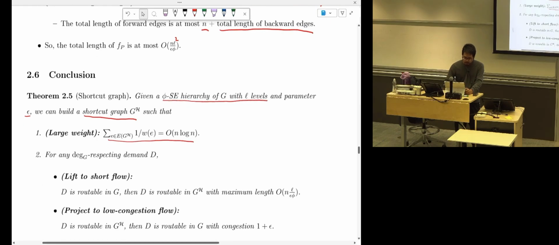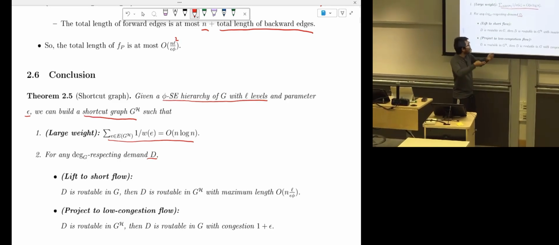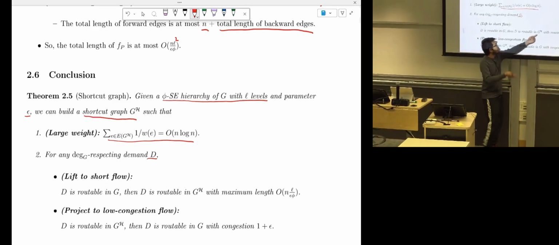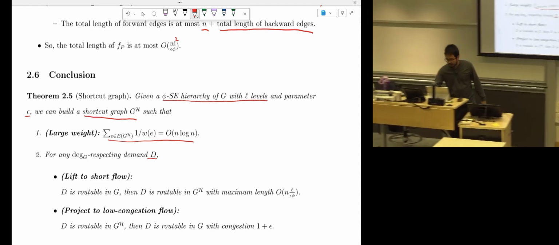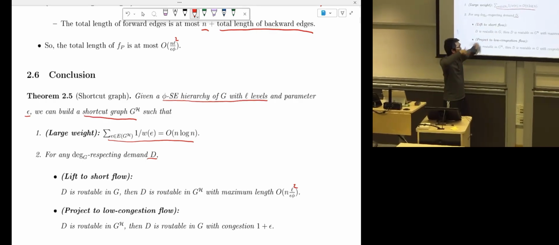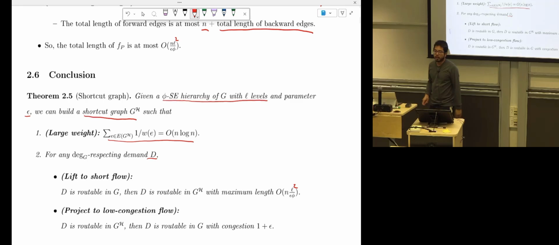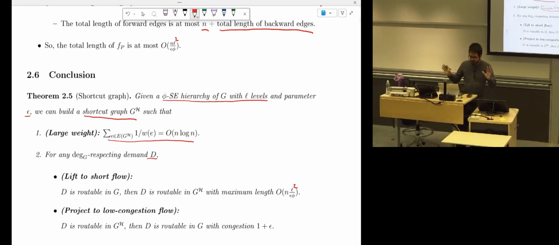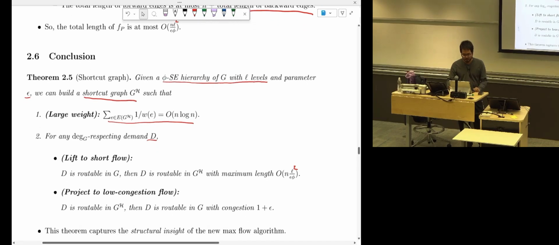For any demand, if it's routable in G, you can lift it up to the shortcut graph such that the length is small, something like n. You can lift it up to a short flow. And given anything on the shortcut graph, you can project it down without increasing capacity congestion by much. This is a key structure that you should have in mind. Okay, it's quite cool.